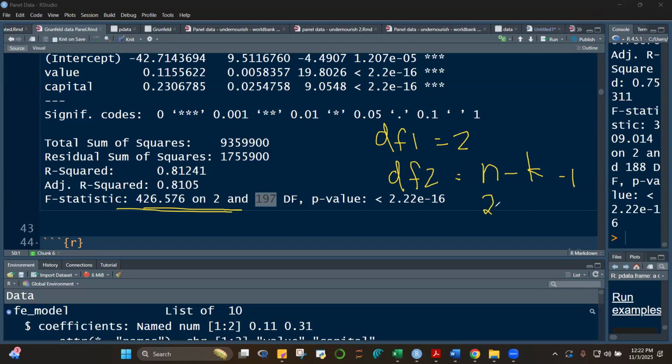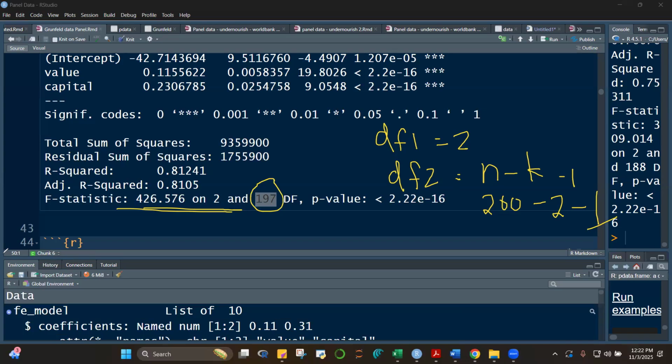N is the number of observations, K is the number of predictors, and minus 1. Why do we subtract 1? Because we're also computing the intercept. So you lose 1 degree of freedom for the computation of the intercept. That's why you have 197 for your degree of freedom 2.